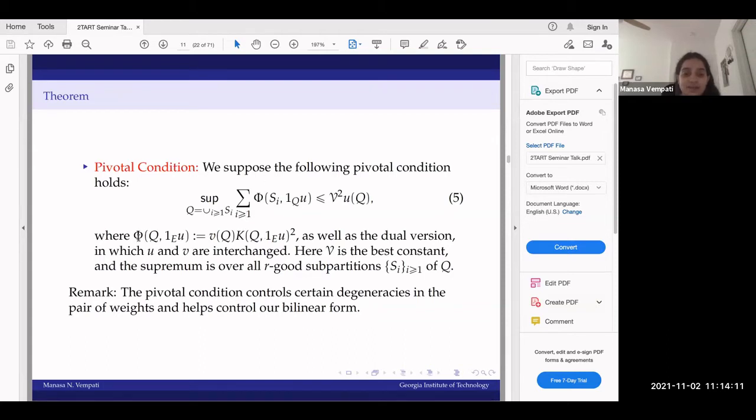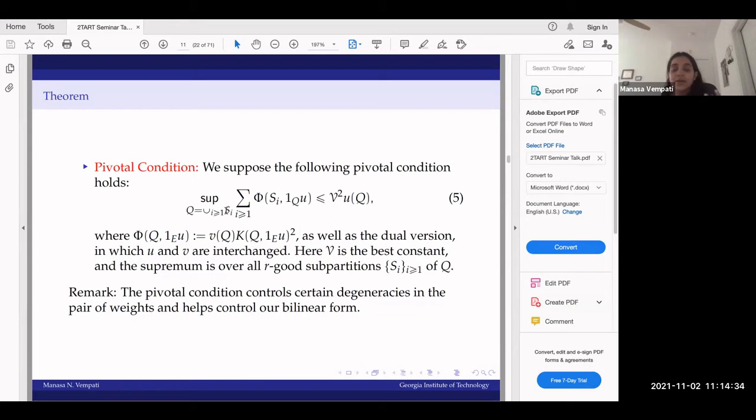For the pivotal condition, we consider a phi that is given as v of Q times the new version of the Poisson integral squared. And we assume that if we take the supremum over all cubes and write these cubes as a union of some good cubes, I'm going to define what the good-bad decomposition is in a minute.